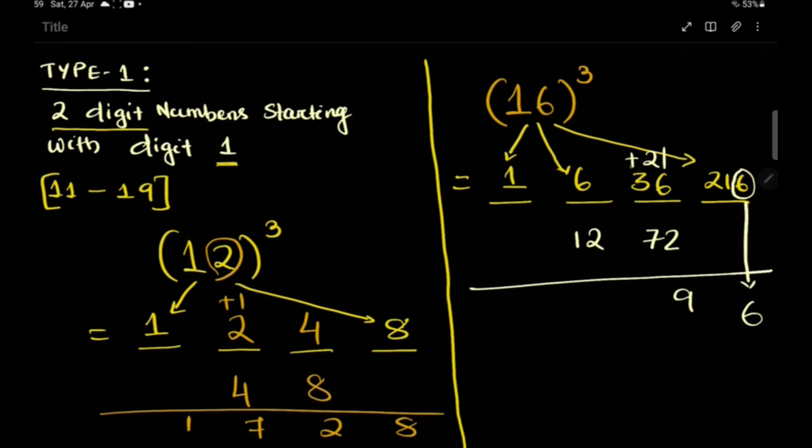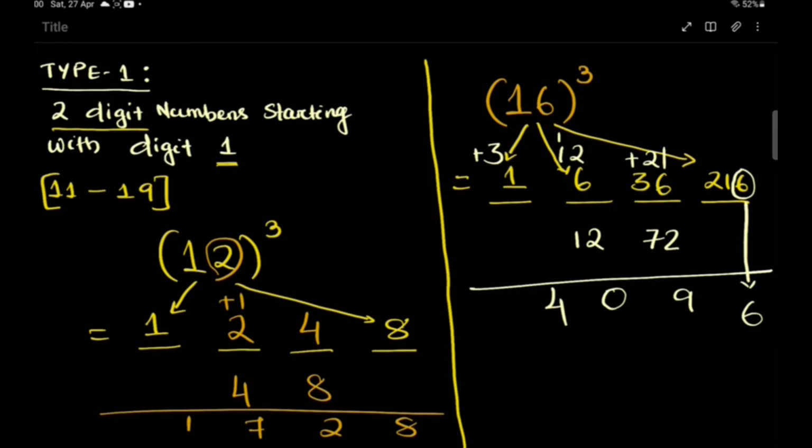And now this side it will be 3 plus 2 is 5, 5 plus 7 is 12, 12 will be carry forward, and we'll add again 6 plus 2 is 8, 8 plus 2 is 10, so 0 will be written here, 1 will be carry forward, 1 plus 1 is 2, 2 plus 1 is 3, this 3 we can write here, 3 plus 1 is 4. Hence the answer is 4096.